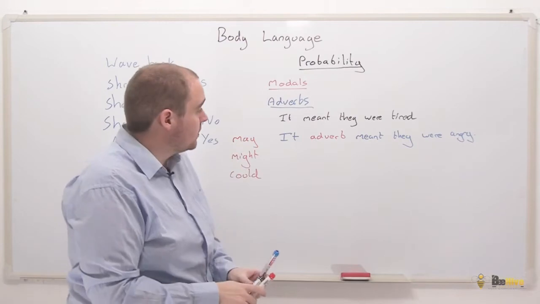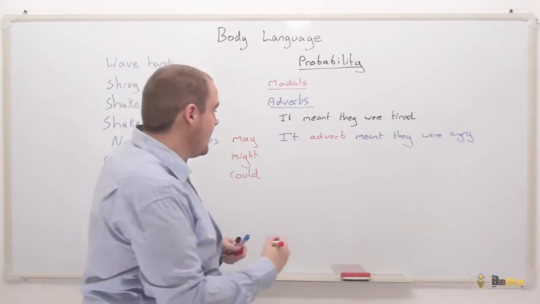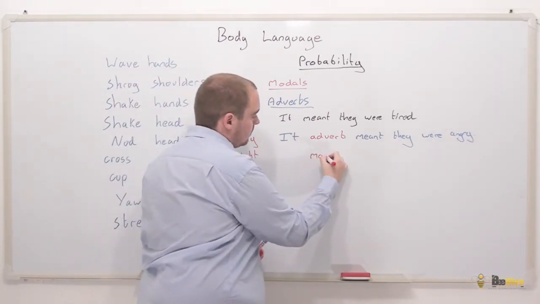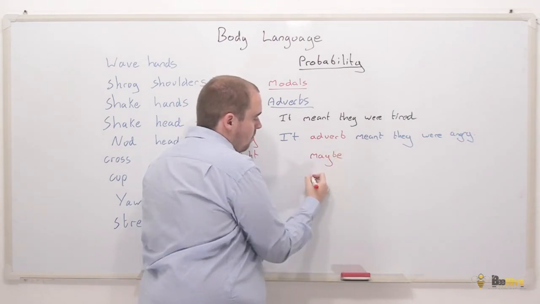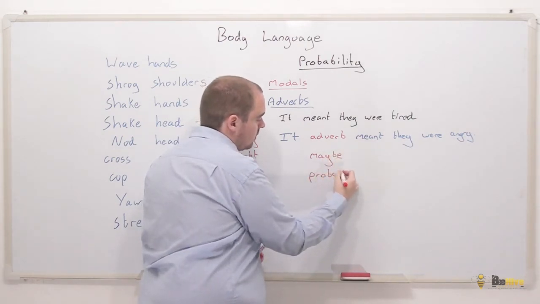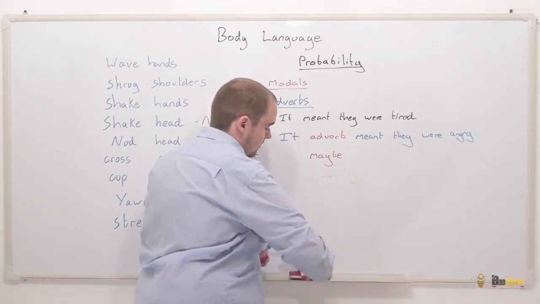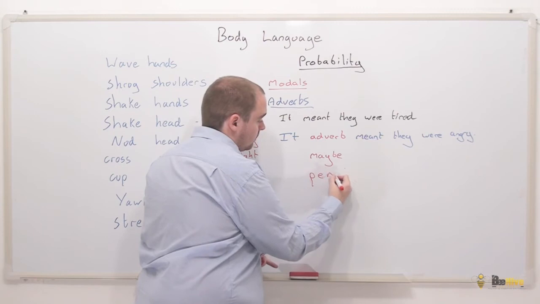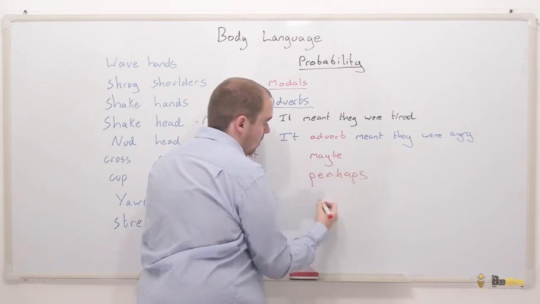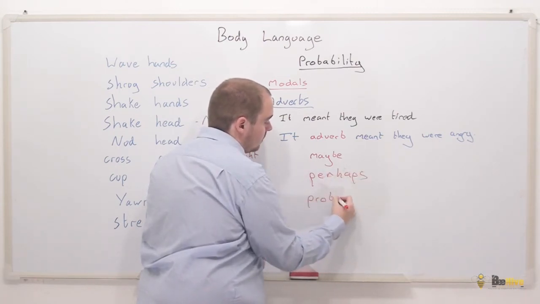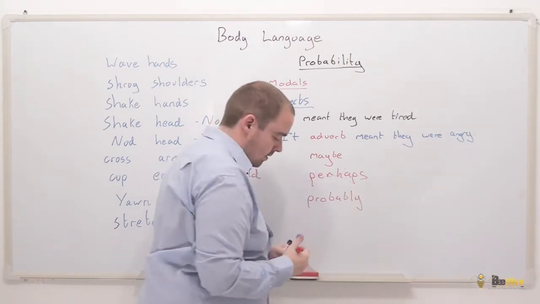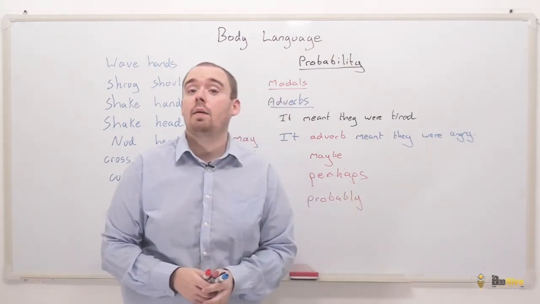Now, what are some words? We could say maybe, probably, or perhaps, or probably meant they were angry.